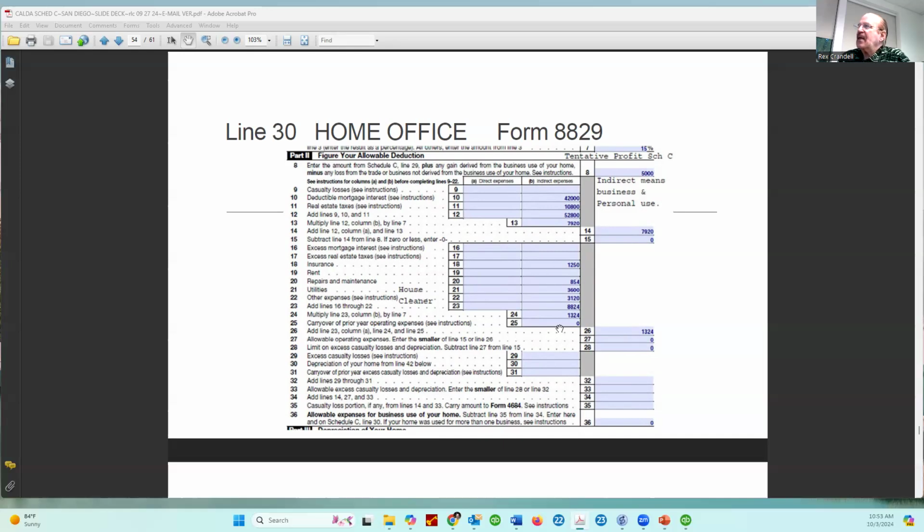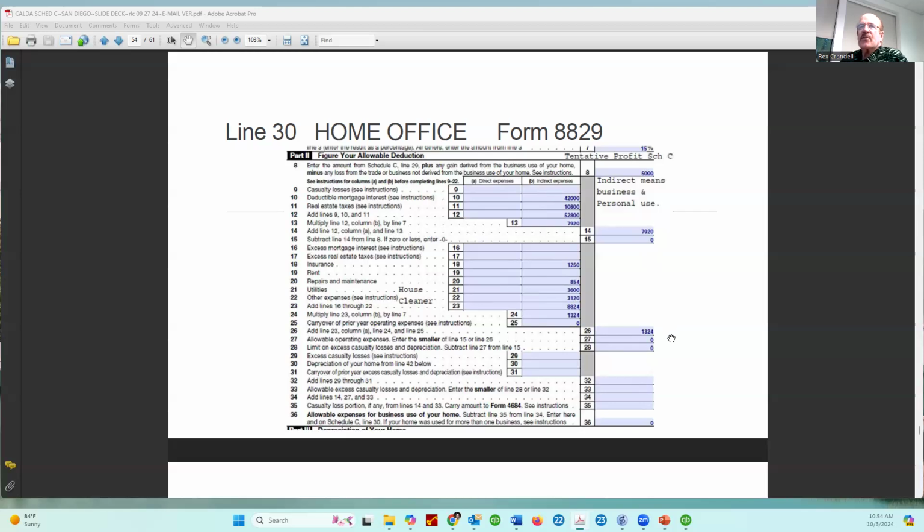The column that says indirect expenses means that this expense includes elements of business and elements of personal. So we need to break it down. It's hammer time. Break down the expenses to business use components. So here you follow the lines: real estate taxes, interest, repairs, utilities, and then the business use percentage, if we recall, was 15%.